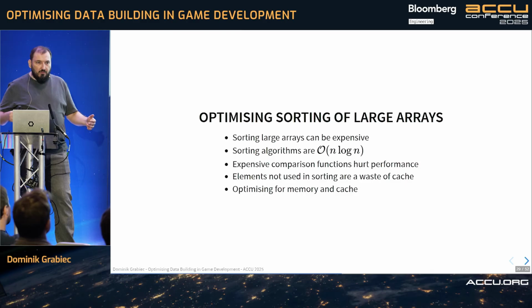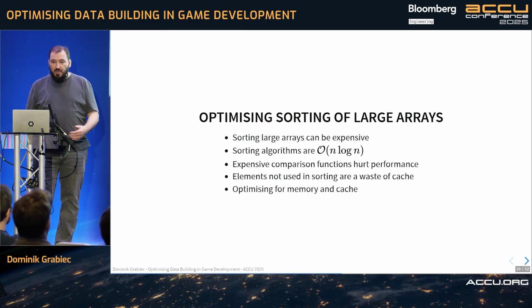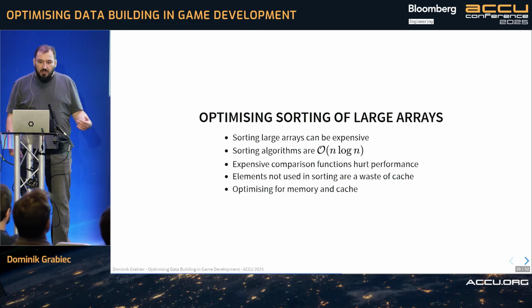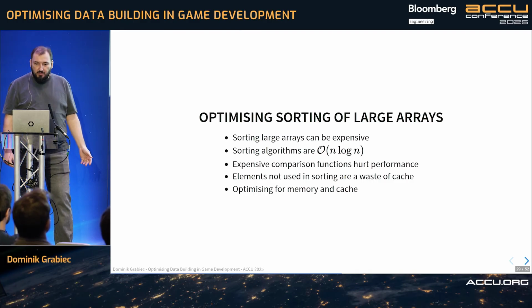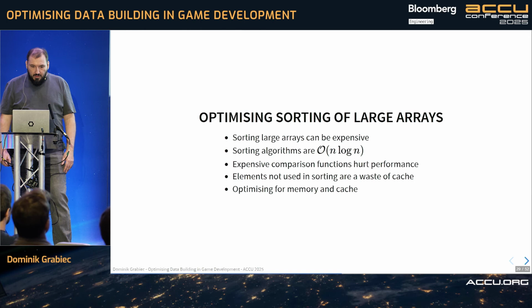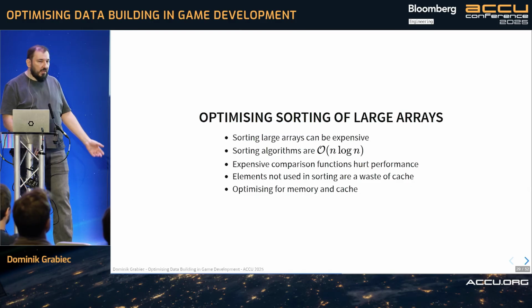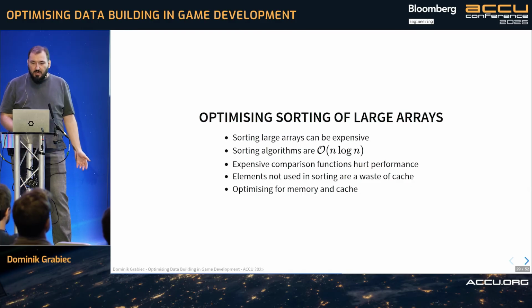So the bigger the items, or if you're sorting millions of items, it uses a lot of CPU time. But we can do better. We can save a second or two, which might not sound like much, but if you're doing this hundreds, thousands, tens of thousands of times, like for every query of the cache, it can add up.